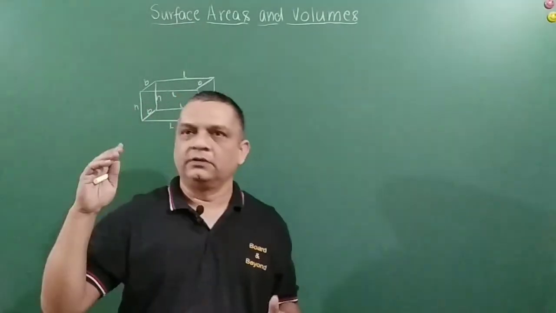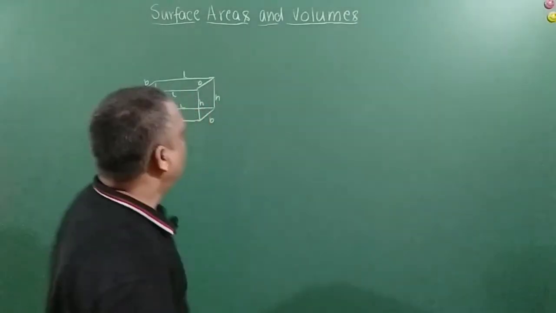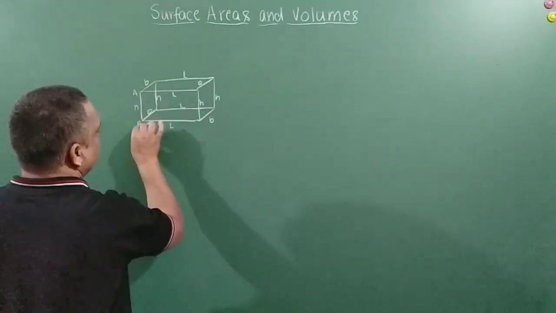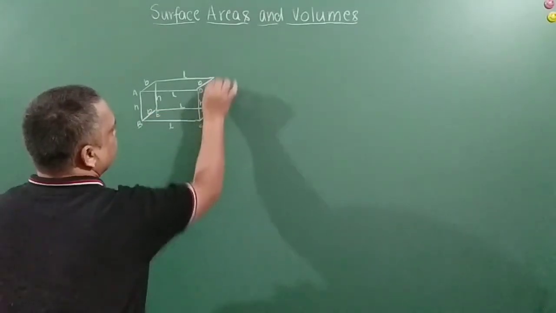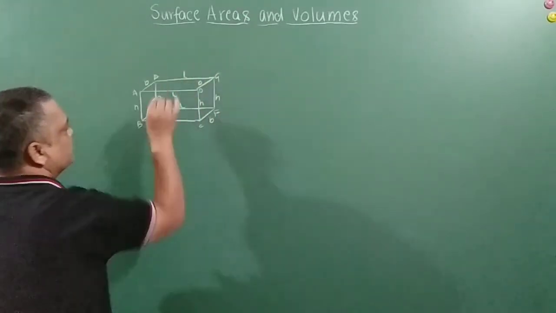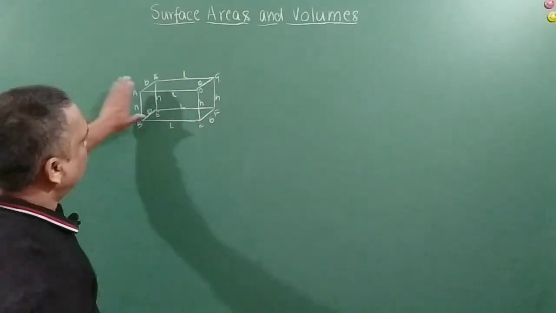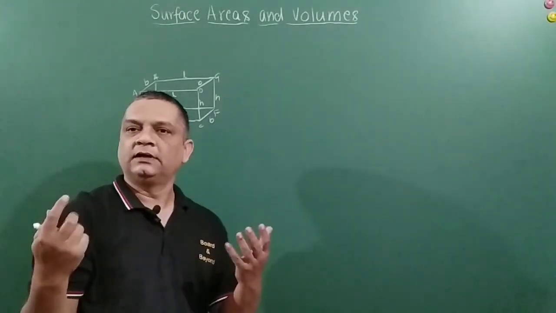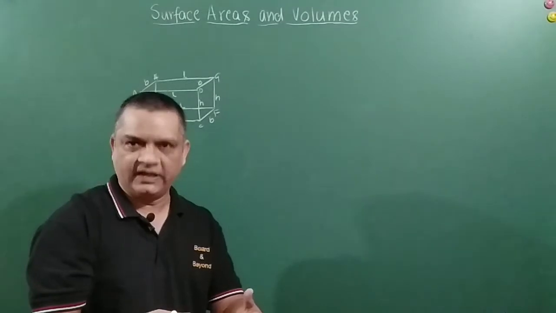So you can look around and you will have 4 walls, and that is this. Let me say A, B, C, D, E, F, G and H. The area of the four walls around you is called the lateral surface area of the cuboid.